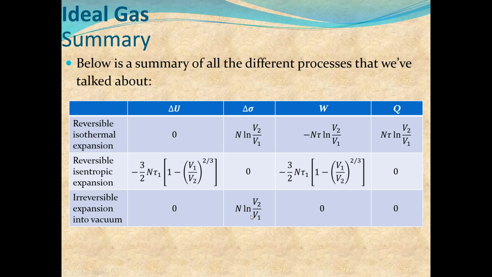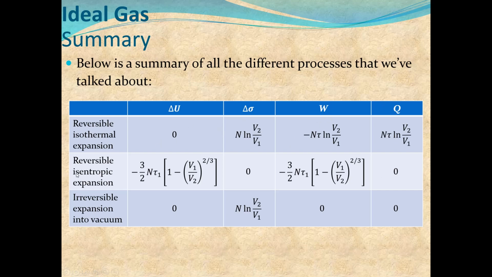All right, so here is a quick little summary and rundown of the different types of processes that we've talked about. So we had the isothermal process and the isentropic process, which ended up being things like this, relating the entropy, the work, and the heat, as well as the change in internal energy.